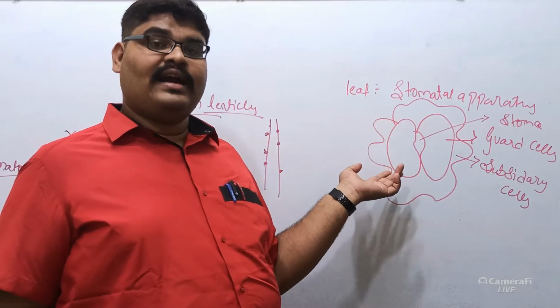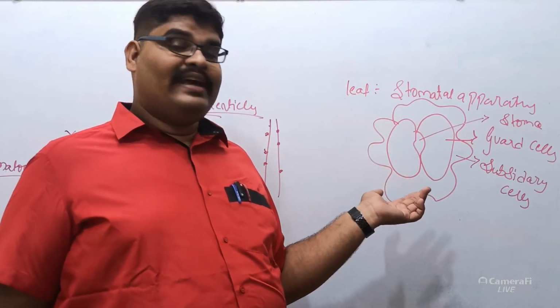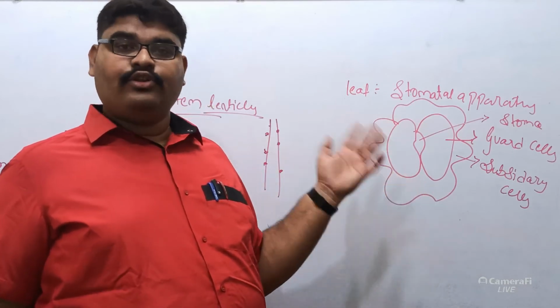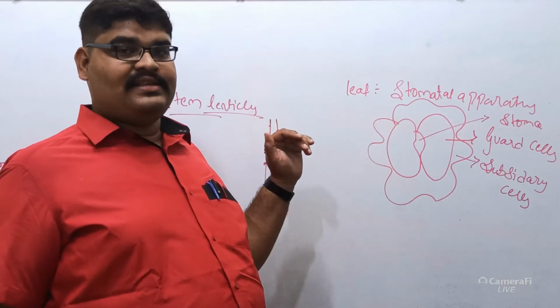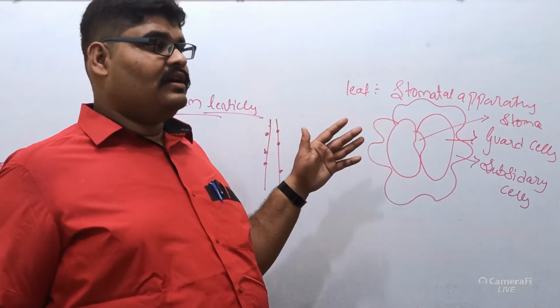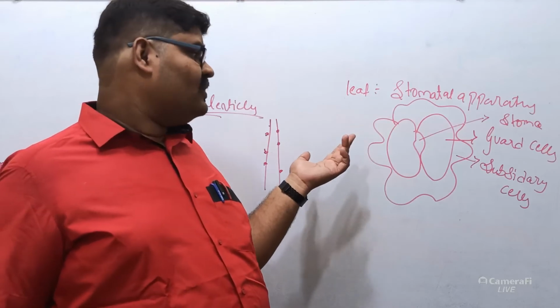Because of the closure of the guard cells, there is no exchange. That's why during photosynthesis the exchange of gases is more, and after photosynthesis it is less.